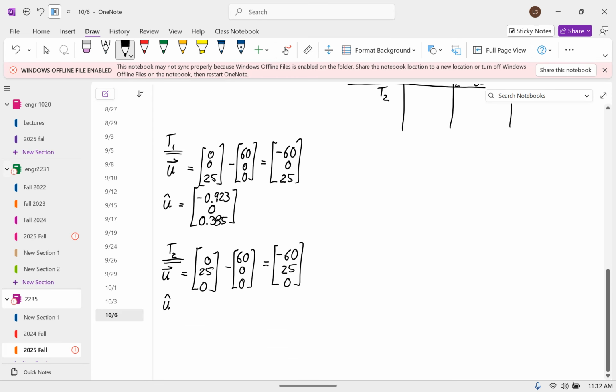And so the unit vector in that direction is negative 0.923, 0.385, 0. Guess I should have seen that one.